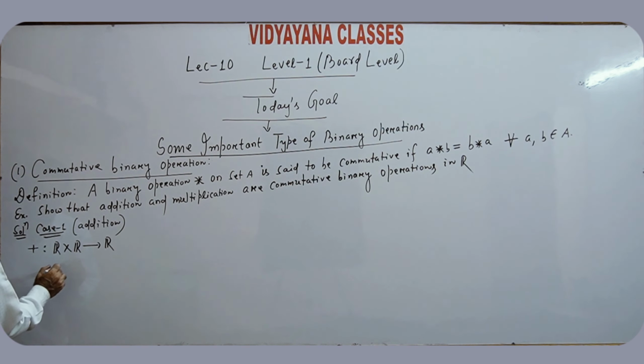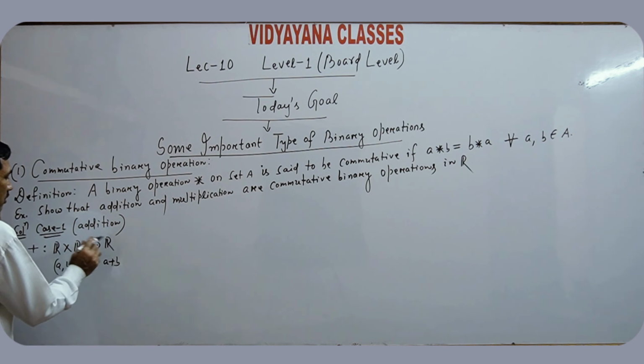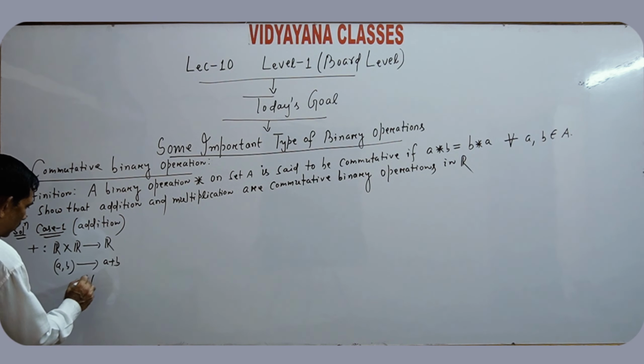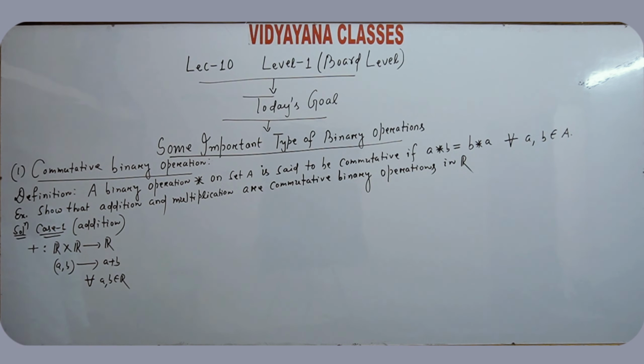AB ordered pair belongs to R cross R. Addition, that is the plus sign, operates on AB ordered pair and gives A plus B, which belongs to R, for all A and B belongs to R.